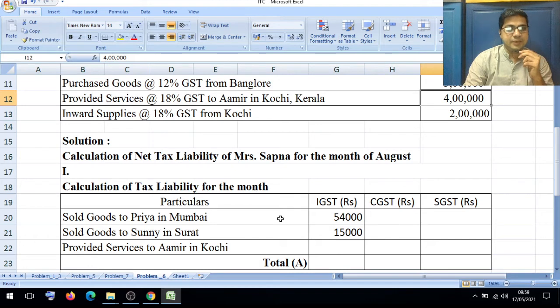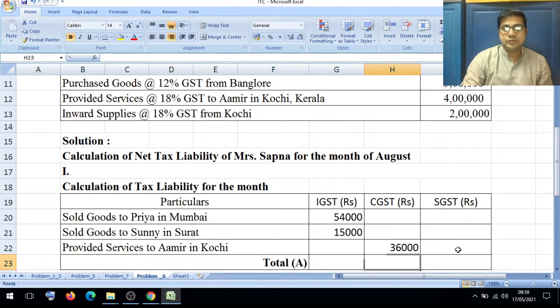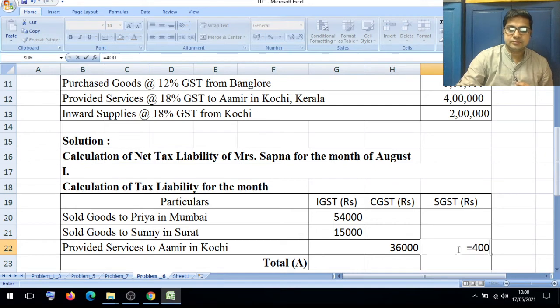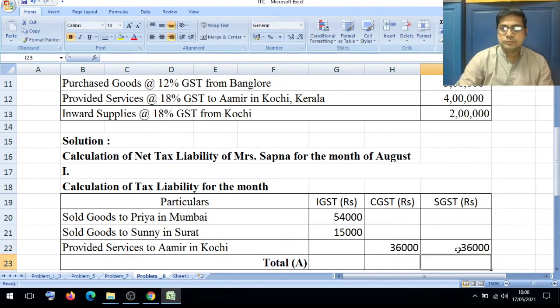Which tax is applicable here? CGST and SGST are applicable. 18% is there: 9% for CGST and the rest 9% for SGST. So we have to find out 4 lakhs into 9%, which is 36,000. In the same way we calculate SGST: 4 lakhs into 9%, 36,000.